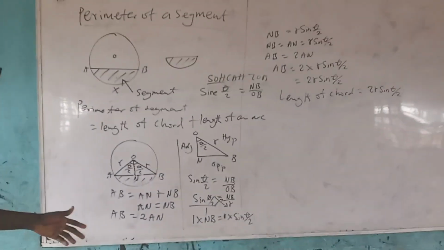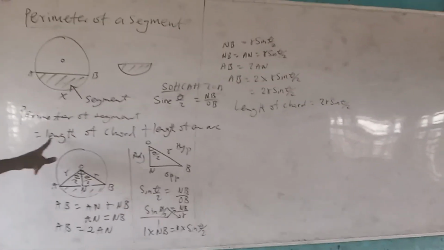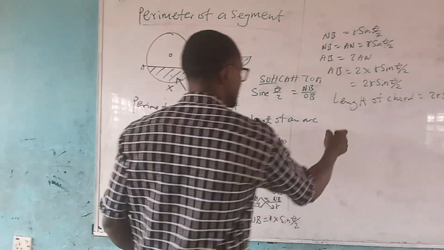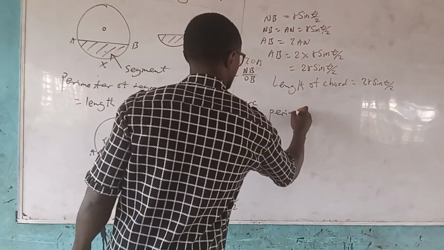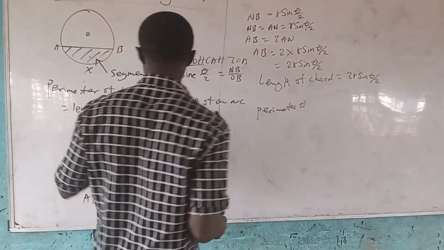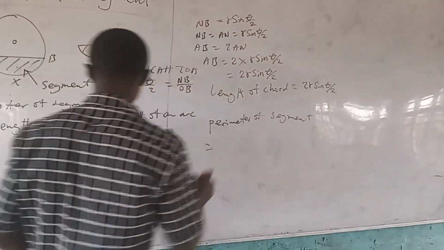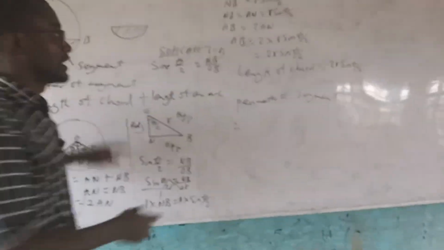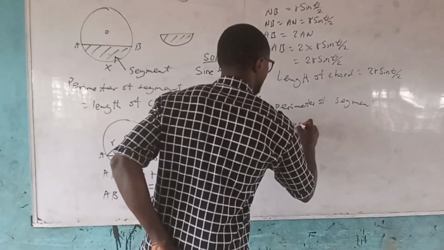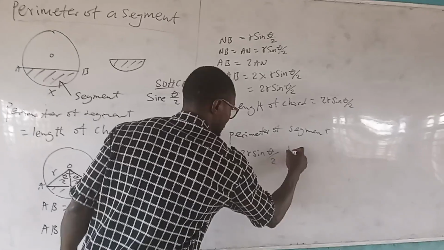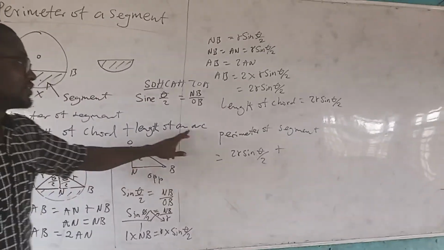So going back to the derivation of the formula where we say that length of chord plus length of an arc, I'm going to have that the perimeter of this segment will now be equal to the length of chord, which is 2R sine theta over 2, then plus the length of an arc.